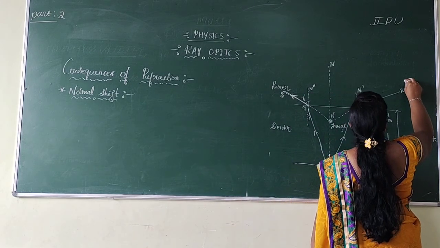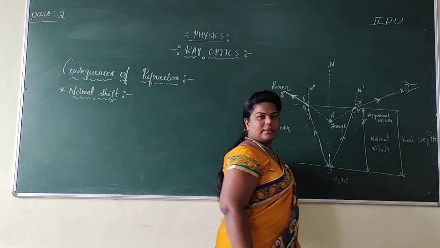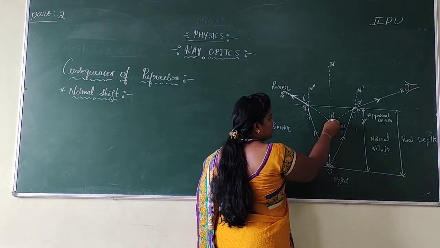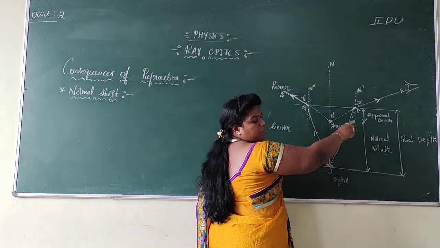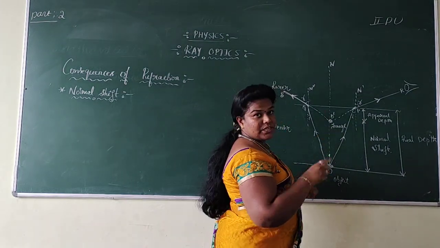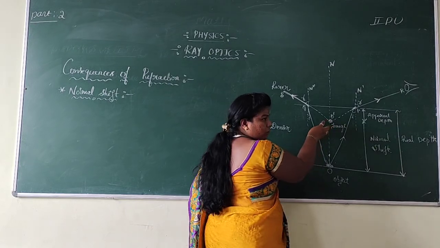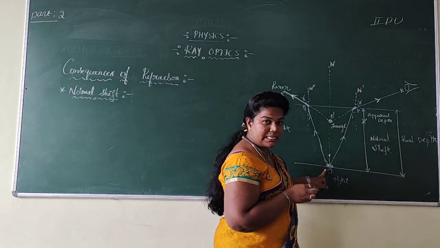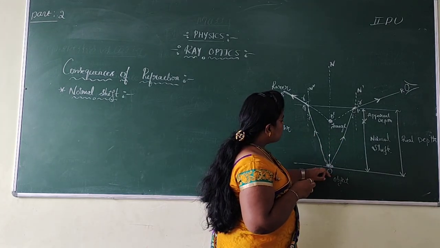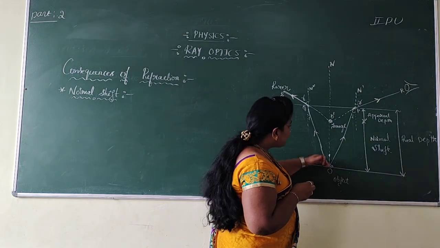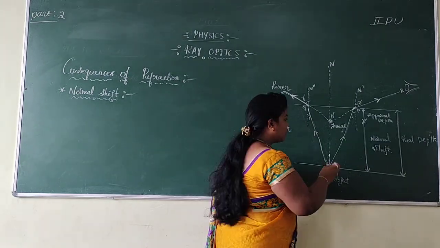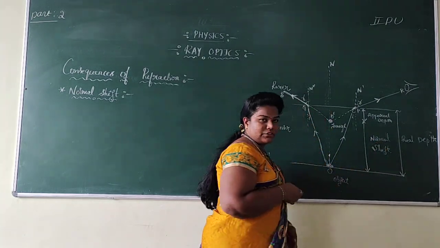For the person, the object appears to be in this position, not exactly in the original position. So this is the position of the image, and the image of the object has shifted normally, shifted perpendicularly. That shift is called the normal shift.